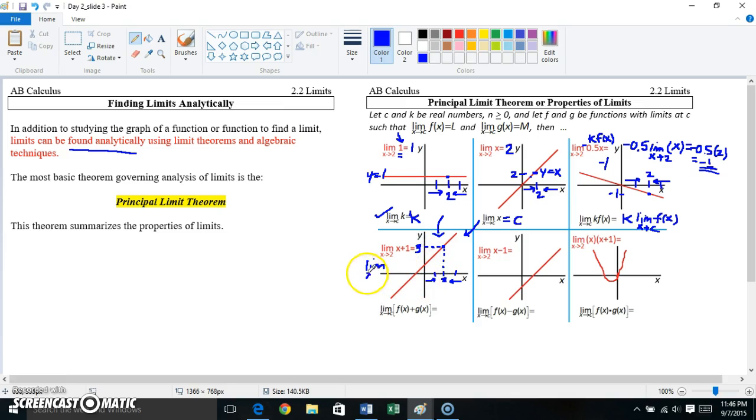But I could look at it as the limit as x approaches 2 of the function x plus the limit as x approaches 2 of the function 1. This limit is going to be 2, this limit is going to be 1, and if we add them together, we're going to get 3. So the limit of a sum is the same as the sum of the limits.